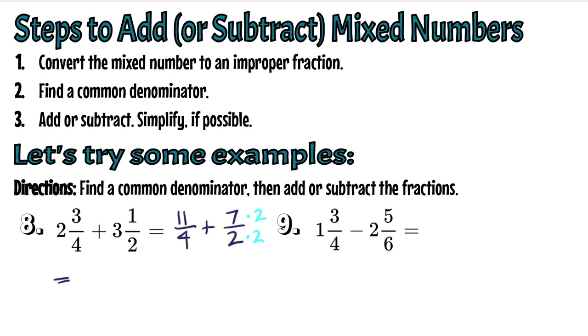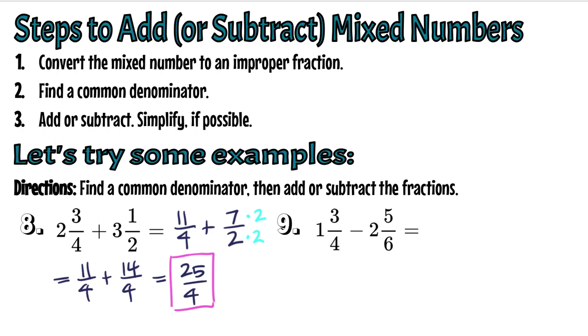So we have 11/4 plus 7 times 2 is 14 over 4. We add 11 plus 14 to get 25, and our denominator stays the same. So 2 and 3/4 plus 3 and 1/2 equals 25/4.